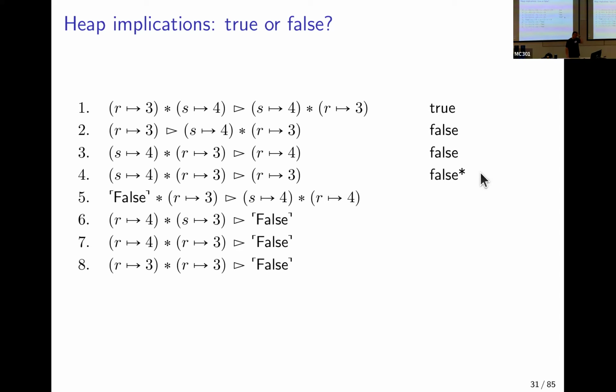What about 5? True? Who thinks it's true? Should be basic logic. So we have false on the left side of an implication, so it is true. What about 6? No one? Very good, it is false. What about 7?